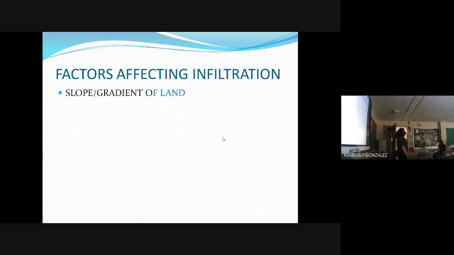First is going to be the slope or the gradient of the land itself. If you have a very steep slope, the water does not have time to infiltrate through. So the steeper the slope, the less likely it's going to infiltrate.